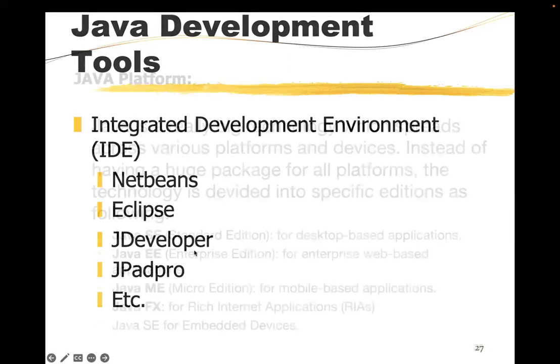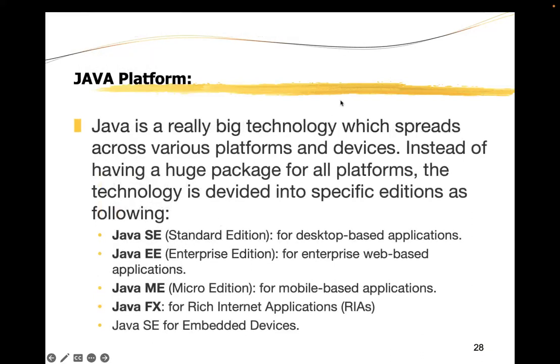Then we have the Java platform. Mainly we can divide it into 3 platforms, actually 4: Java SE, Java EE, Java ME, and Java FX. SE means the standard edition, that's what we're going to use. EE means the enterprise edition.